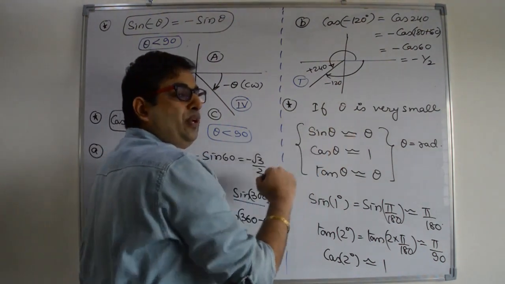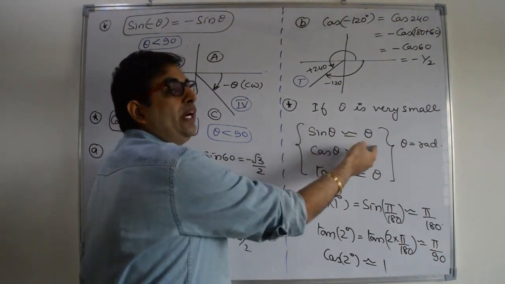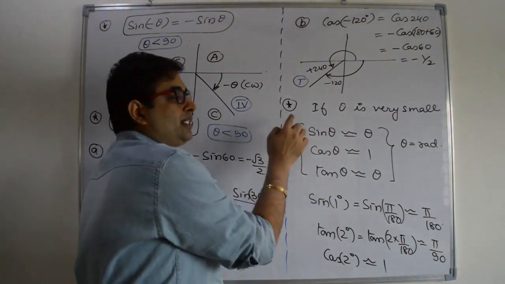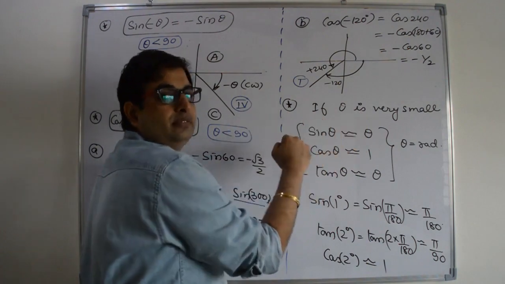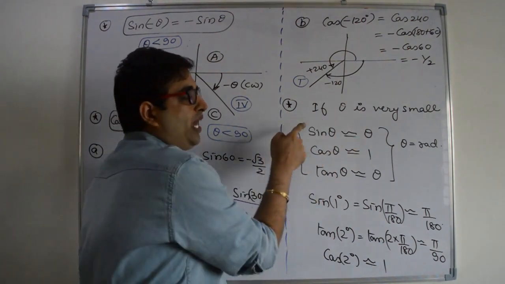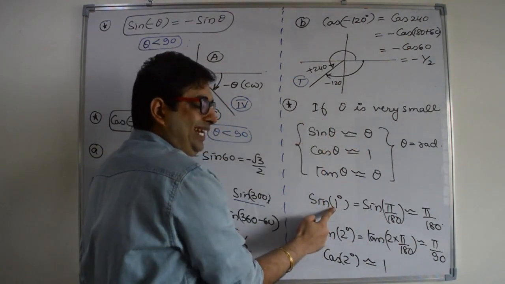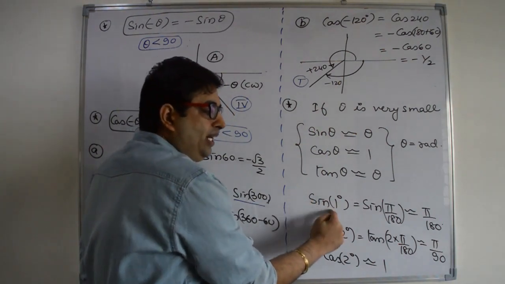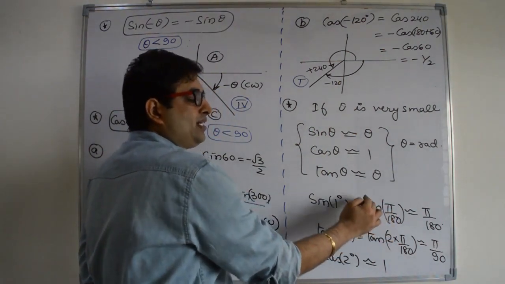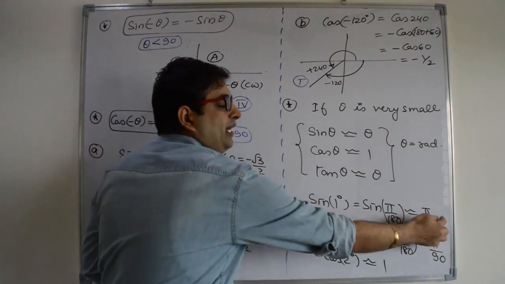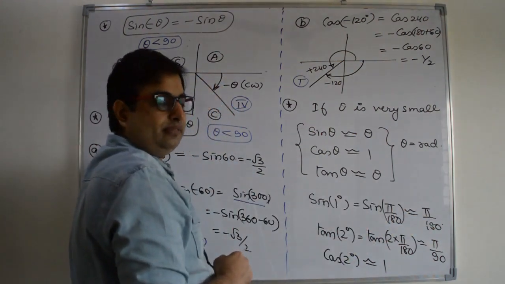Sine 0 is 0, we know, but sine 1 degree is not 1 degree, right? Sine 1 degree is not 1, sine 90 is 1. You have to convert this 1 degree into radian first, and then you can write sine theta is equal to the angle pi by 180.